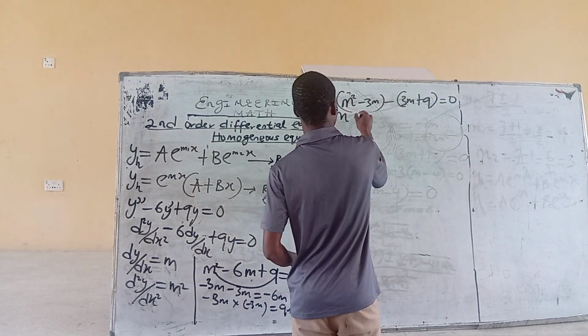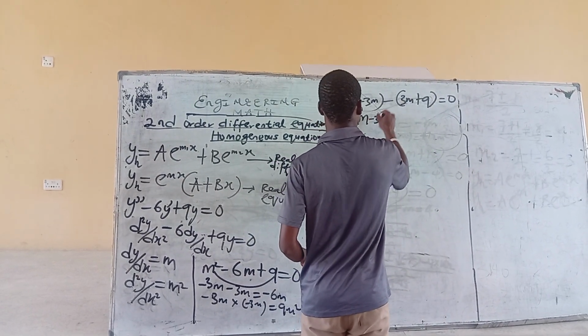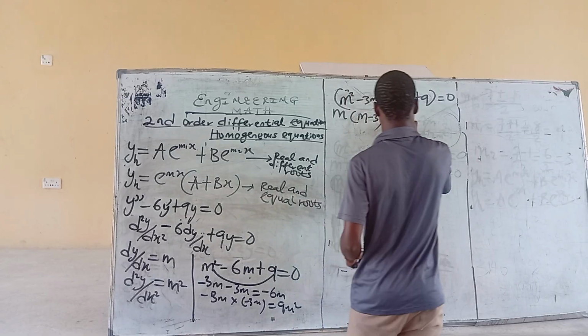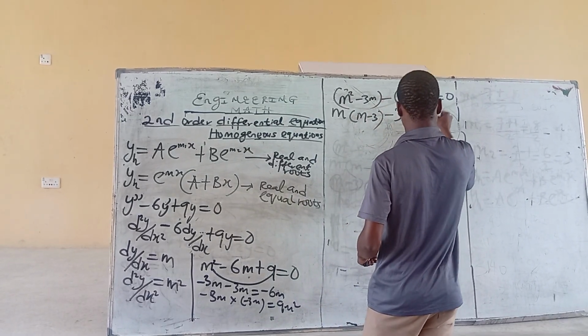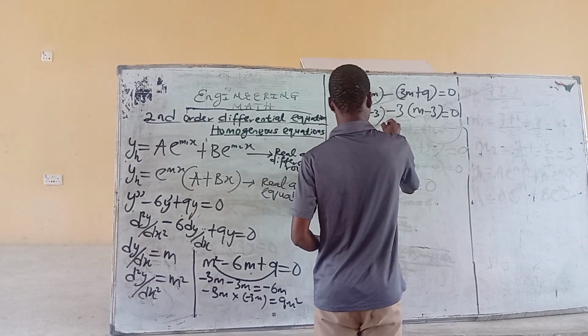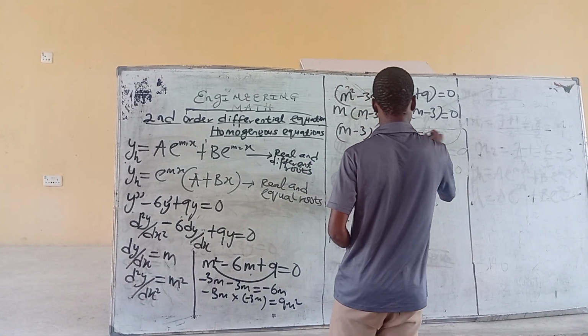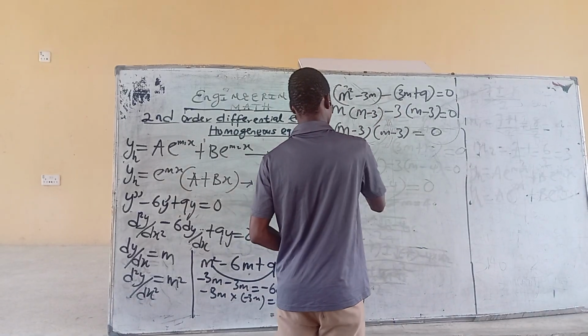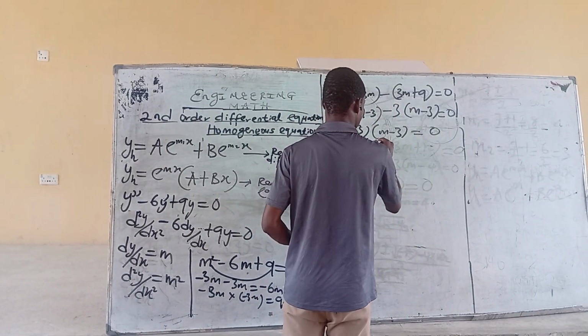So factorize out m here. So you have m(m minus 3) minus 3(m minus 3) equals 0. So m minus 3 equals 0. So m equals positive 3 twice.